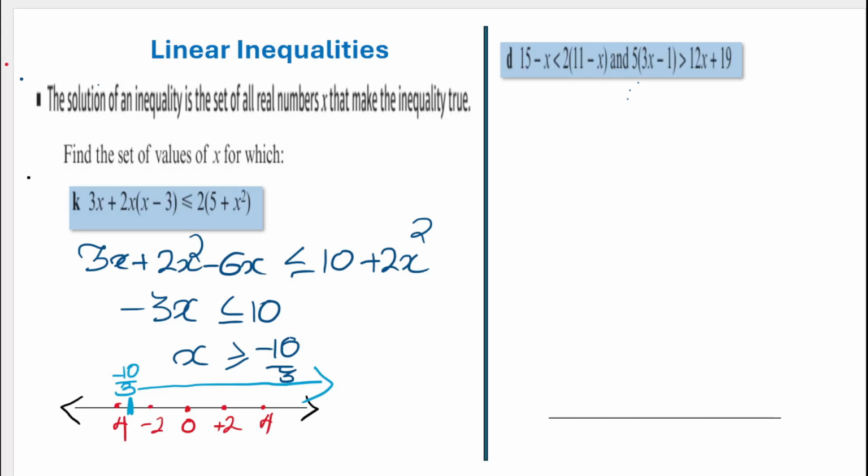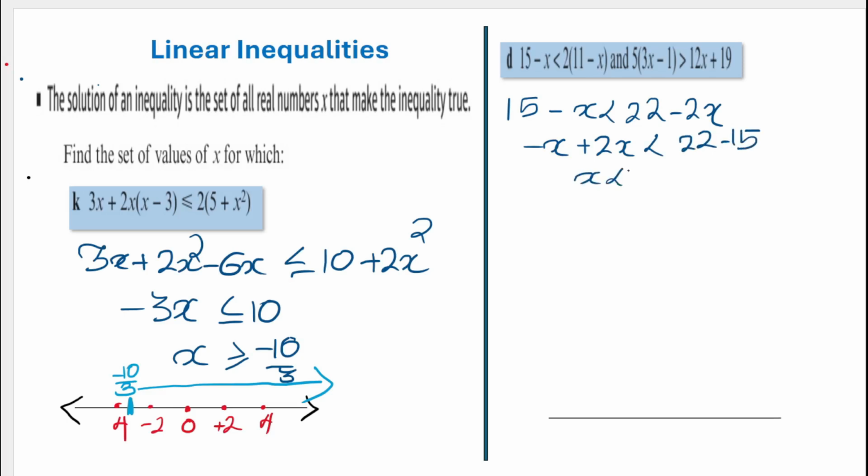Now let us try to solve 15 - x < 2(11 - x) and 5(3x - 1) > 12x + 19. Here first of all try to solve the two inequalities separately. Now consider the first inequality and expand the bracket: 15 - x < 22 - 2x. Now rearranging, x < 22 - 15, that is x < 7.